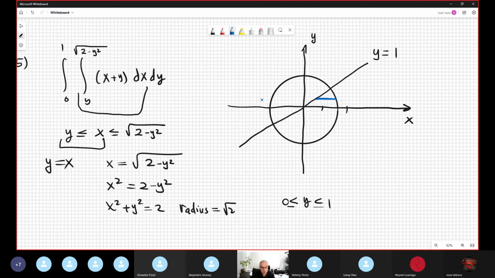Okay, it's important to understand that this equation represents one portion of the circle, this portion, when x is positive. So this gives me a clue, a little bit, what part of the circle it is. So let me try again.